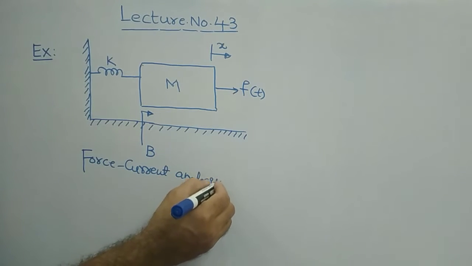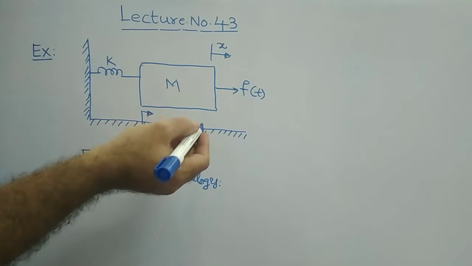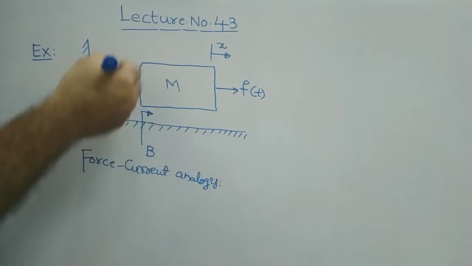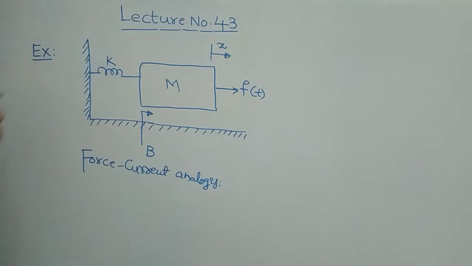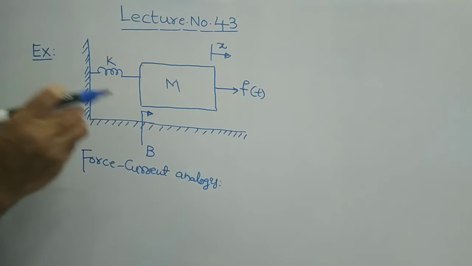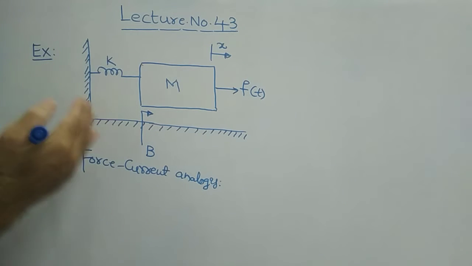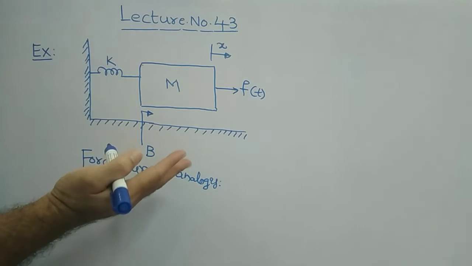Analogy means the electric equivalent circuit of this given mechanical translational system. Clear? We will see. For this, what we need to do is very simple to solve actually. As I explained in the last presentation, you need to write the differential equations first.